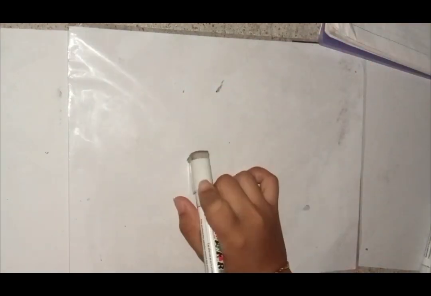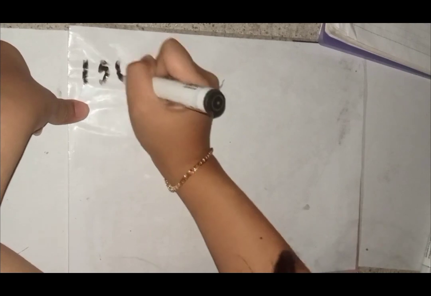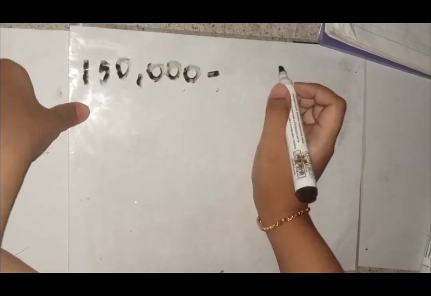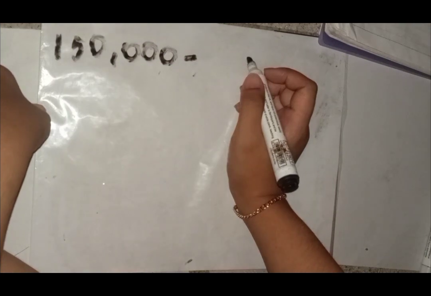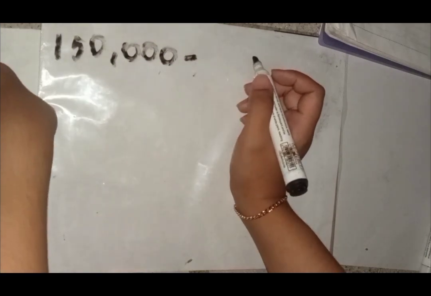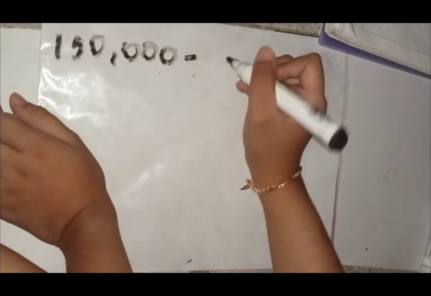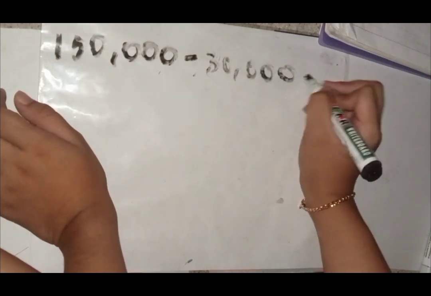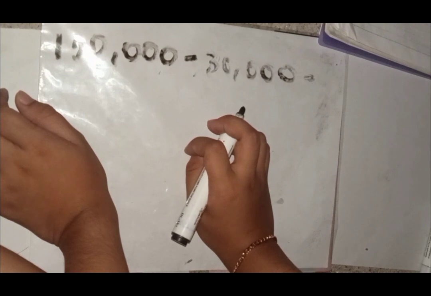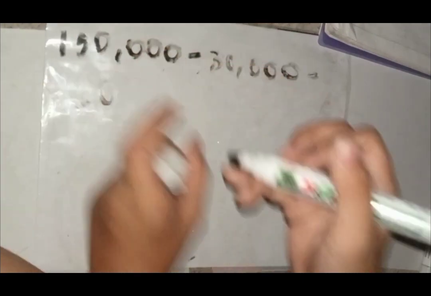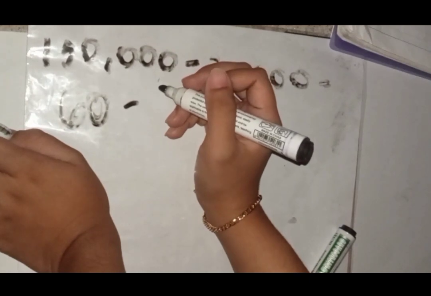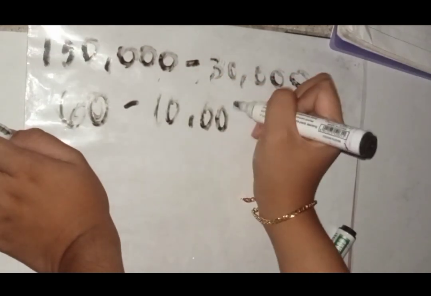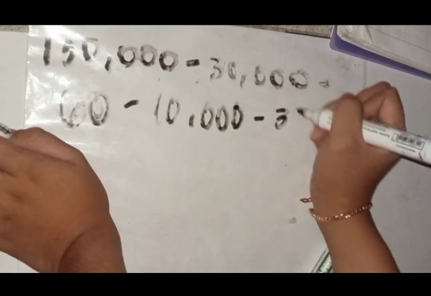To solve for net profit, you just subtract all the expenses from the sales revenue. The sales revenue is 150,000, minus the expenses mentioned: 30,000, minus 60, minus 10,000, minus 3,000.